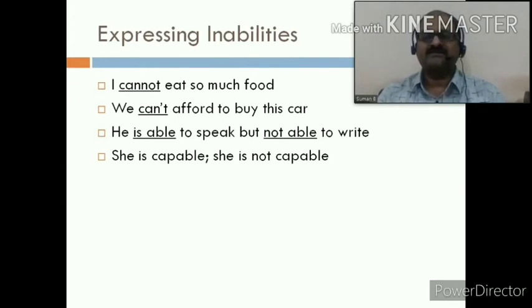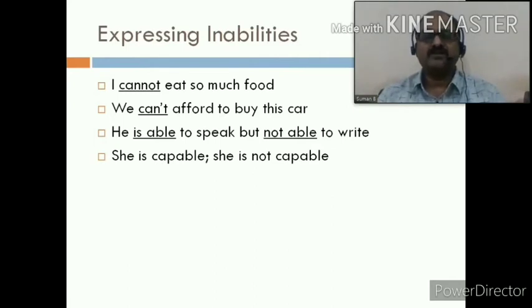I cannot, instead we say I can't, I won't. If you talk about other modal auxiliaries, shouldn't, wouldn't, etc. So we can't afford to buy this car. Next, as we have discussed, we can also say is able to, are able to. So when you use is able to, are able to, again, just add not. He is able to speak, but not able to write.